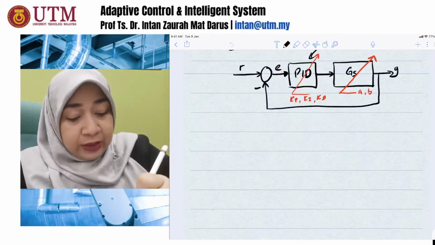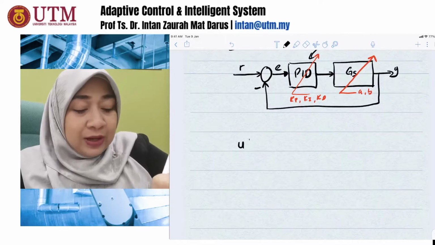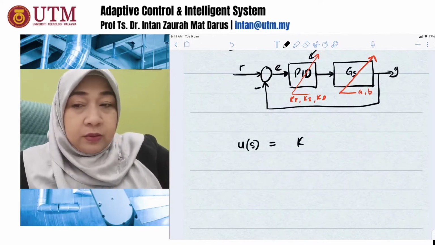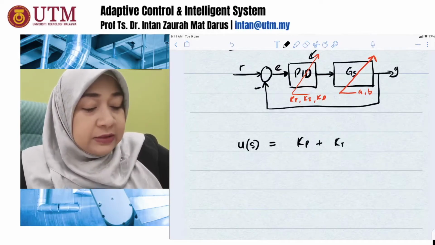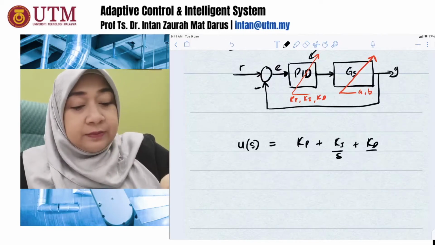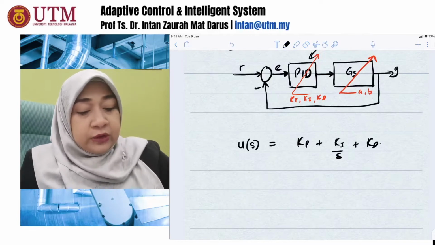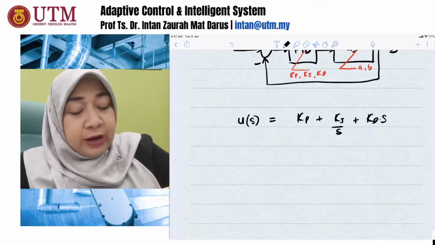If you look at the earlier equation from your PID, U(s) equals KP plus KI over S plus KDS, multiplied with your input error.